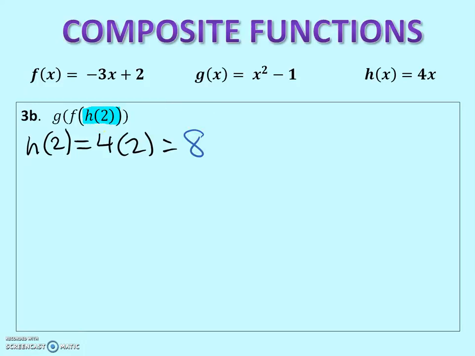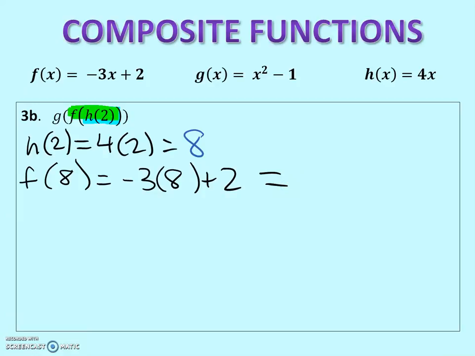Now we're working on the next layer. We're going to do f of 8. So we're replacing x with 8, which is going to give us negative 22.